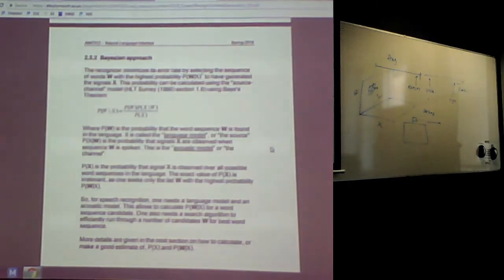This is not specific at all to this sound. It's just that in the language these things happen or don't happen. Now the probability that the sound is being produced by a given list of words, that's called the acoustic model.